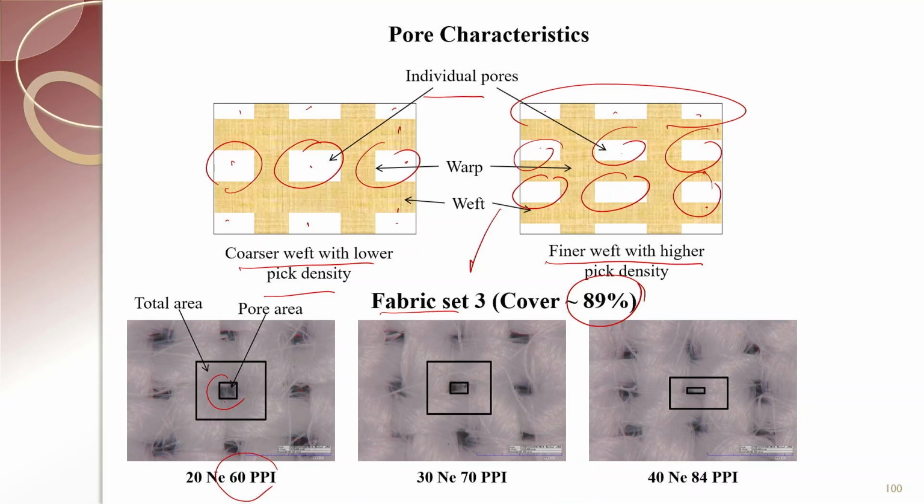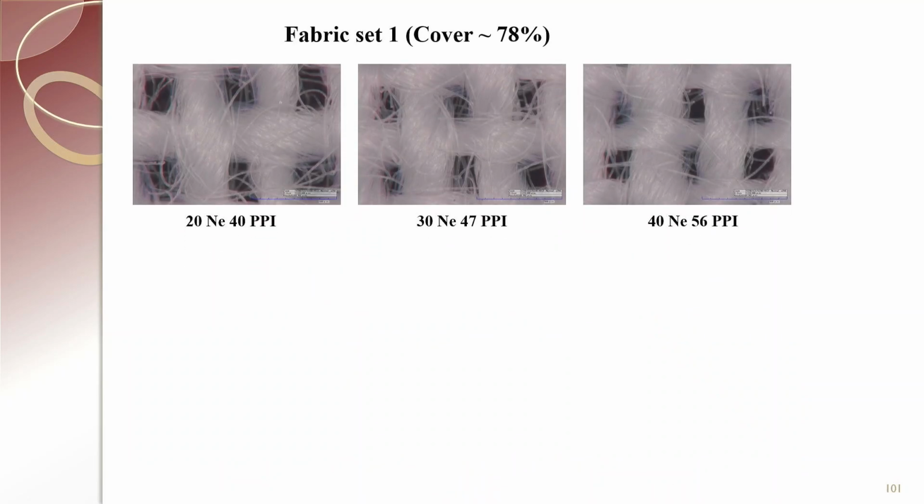For 30s count, where we use the higher peak density, the pore size has reduced, but the number of pores has increased. Now, fabric of set 1, 78% cover, we can see the pore size is higher, here the pore size is lower and it is further reduced.